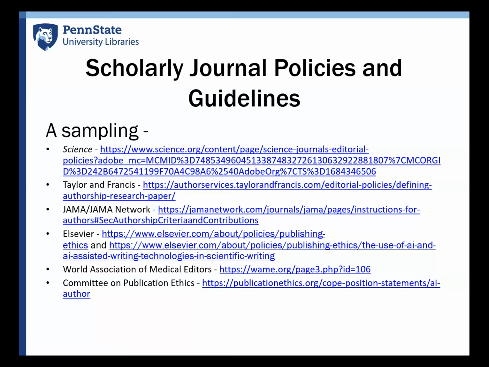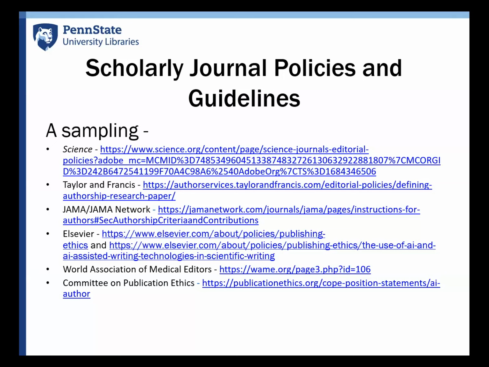But it is something that's coming into play in a lot of fields. Obviously you can go to these links later at your leisure. But here's one I thought was useful, the last one listed there, the Committee on Publication Ethics, because it's more of an umbrella, and it mentions a few of the others, including JAMA and the World Association of Medical Editors.